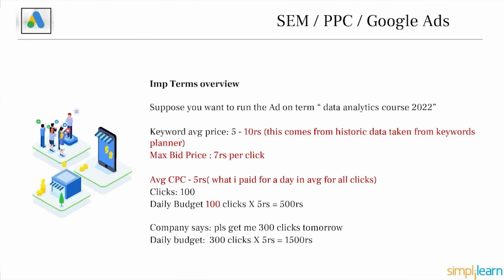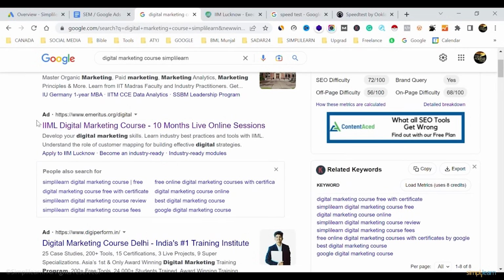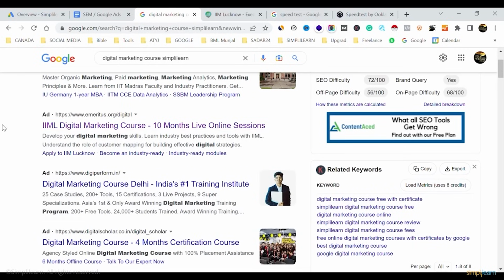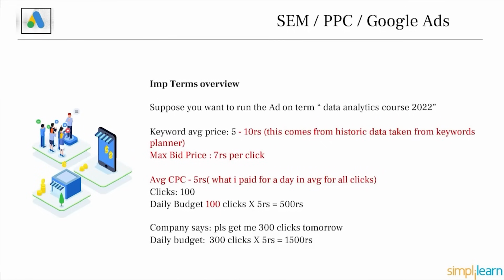But coming back to the terminologies, what we're talking about here is, once I have set my maximum bid price of 7 rupees, my ad would start showing. Suppose my ad shows 1000 times today, and every time my ad is clicked, a certain amount is deducted. There is competition, there are other advertisers also running ads, and after showing my ad for the whole day, Google in the dashboard shows that you have paid an average CPC of 5 rupees only.